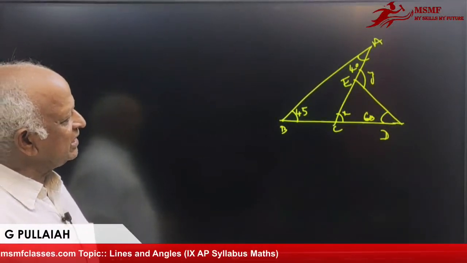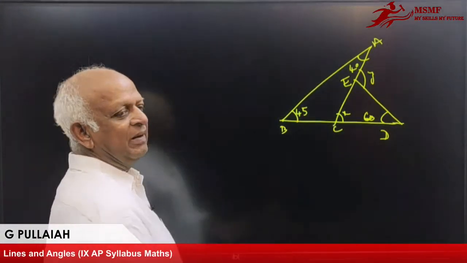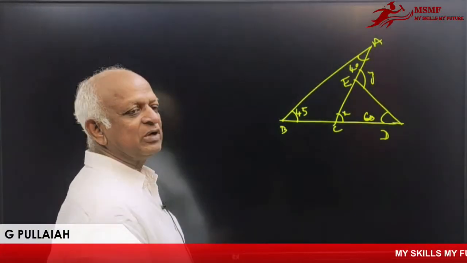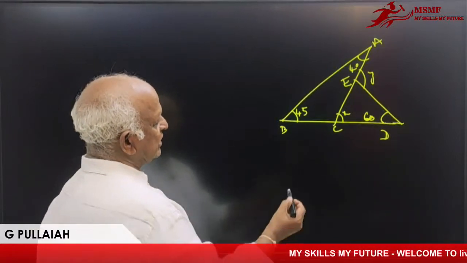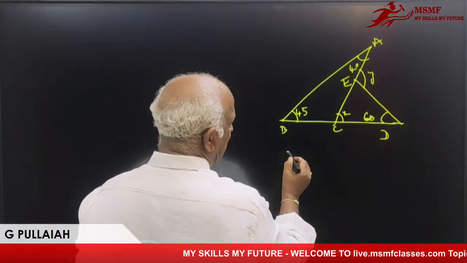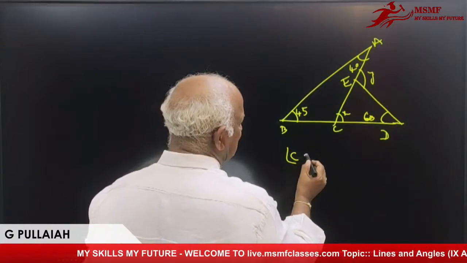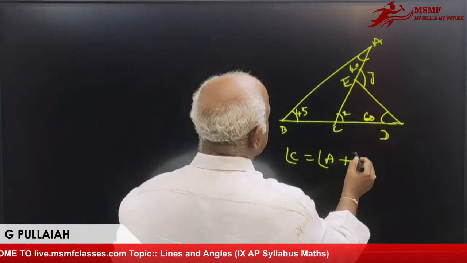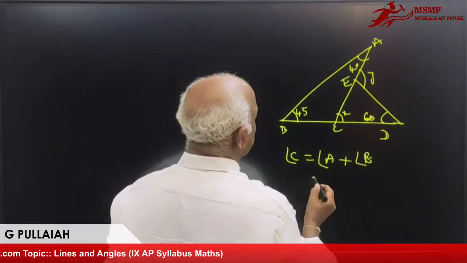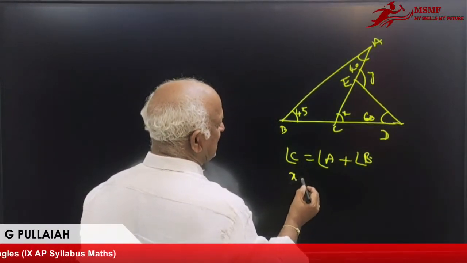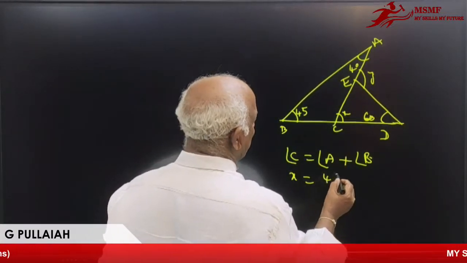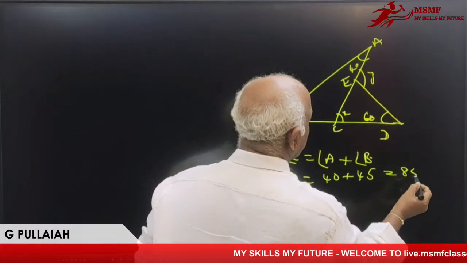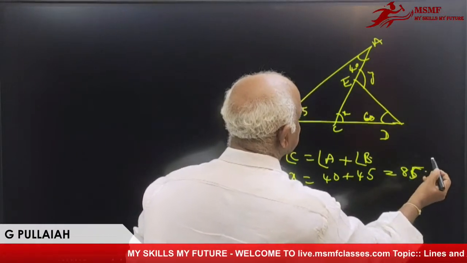So what is x here? X is the exterior angle, and this exterior angle is equal to the sum of the two interior angles. So now, exterior angle C is equal to angle A plus angle B, the two interior opposite angles. So angle C is equal to x here, and A is equal to 40 and B is equal to 45. That is equal to 85 degrees.